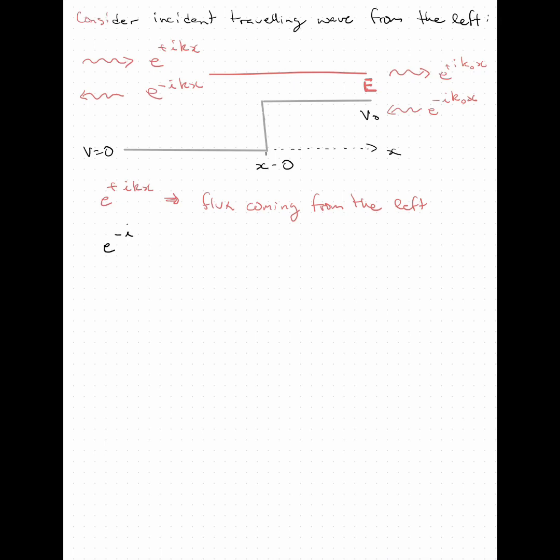E to the minus ikx represents flux reflected from the potential. Okay. This is really for region 1.